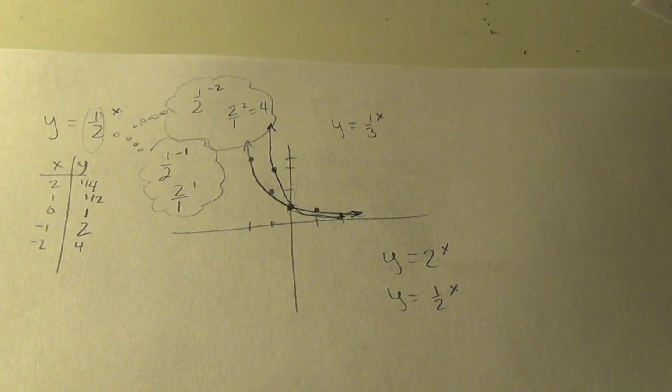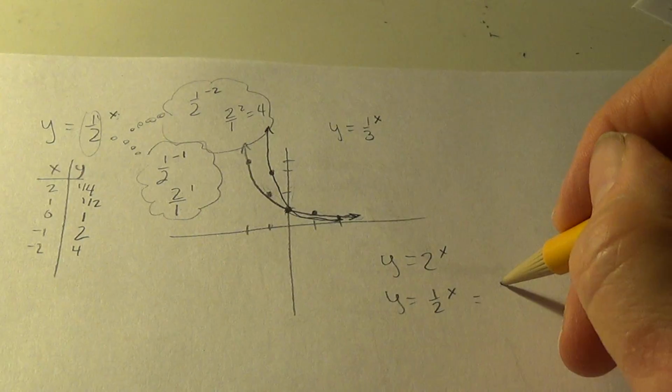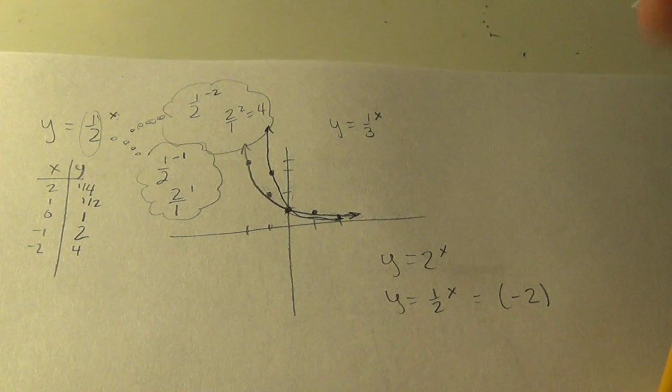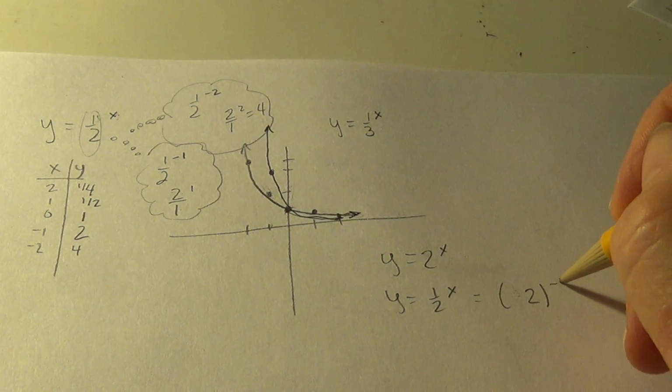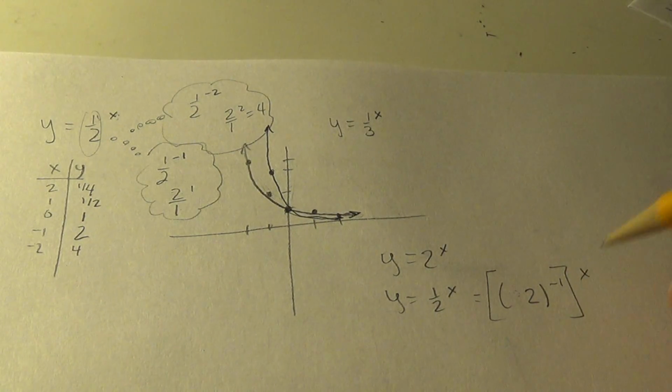There's another way of writing 1/2 to the x I want you to be aware of. It can be written as positive 2 to the -1, to the x.